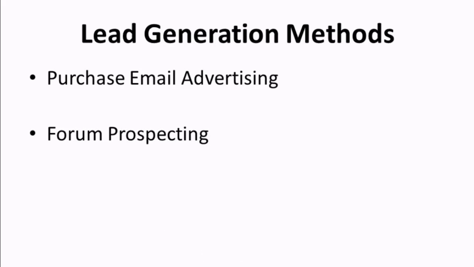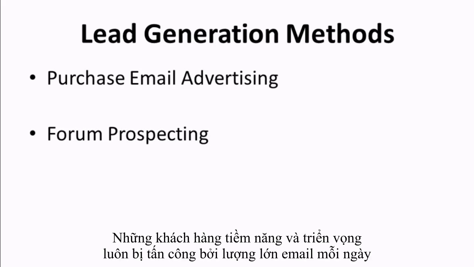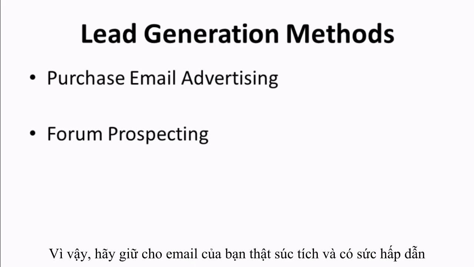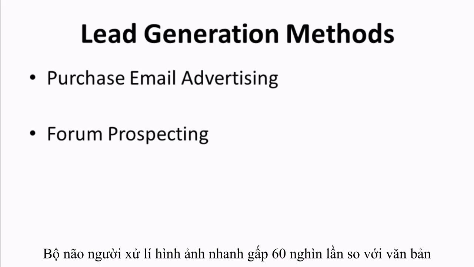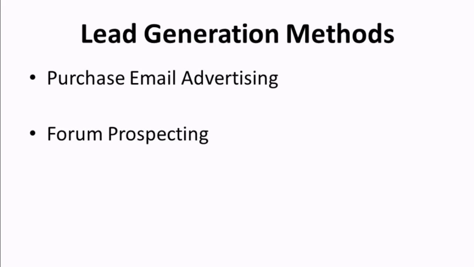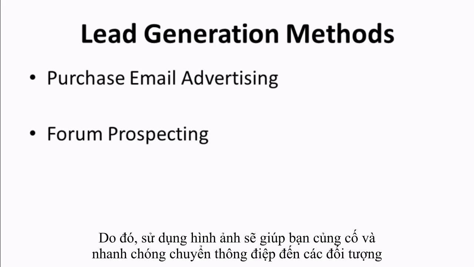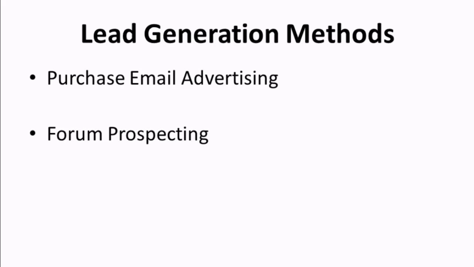2. Brevity. Leads and prospects are bombarded with massive amounts of email every day, so keep your email concise and engaging. 3. Imagery. To quote a fellow inbound marketer, Amanda Sibley, the brain comprehends images 60,000 times faster than text. So by using images that reinforce your copy, you more quickly deliver your message to your intended audience. 4.